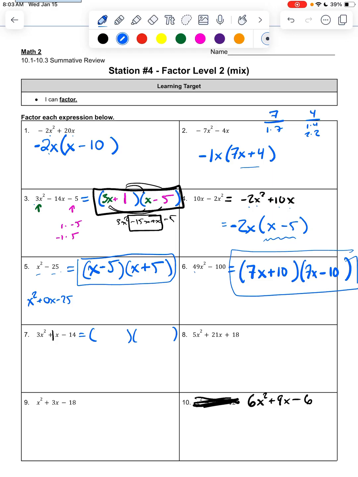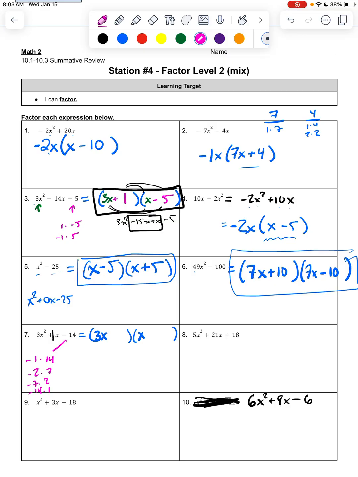If you notice, number 3 and number 7 have a lot in common. They just have parts in different orders. Okay, we still need a 3x and an x to get us 3x squared. Then, how do we get negative 14 by multiplying? 1 and negative 14, or negative 1 and 14, negative 2 and 7, negative 7 and 2, negative 14 and 1.